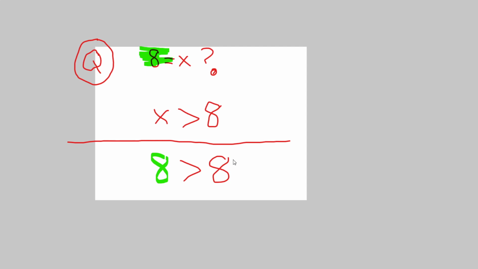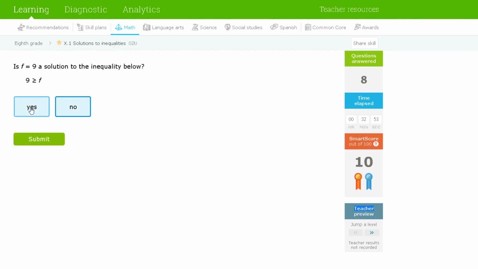You should have said, no, that's not true. So A would not be a solution because we don't have that bar there. If we had the bar, this would work, but we don't. But in this case, this question here, we did have the bar, so it is a solution.